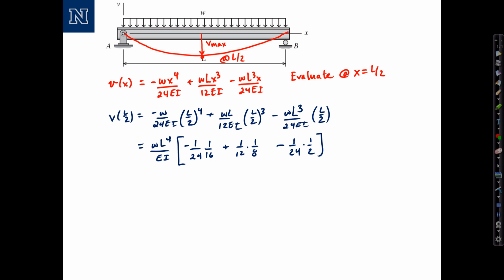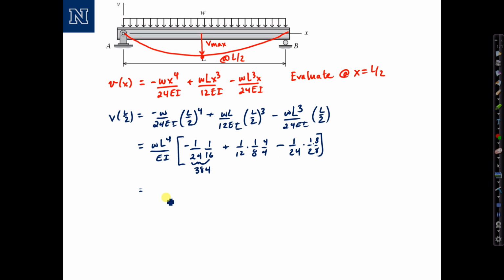The most elegant way to handle this is to keep it in fractional form, and to do this I need to find the least common multiple. It turns out both of these second terms go into the first one, so this is the least common multiple, and it's 384. We multiply the second term times 4 over 4, and we need to multiply the third term times 8 over 8.